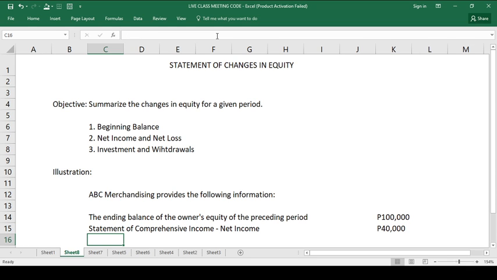And throughout the period, during the year, the owner, let's say ABC as proprietor, made an additional investment.